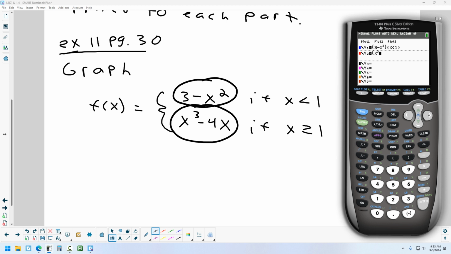So x cubed minus 4x. And we want to graph that when x is greater than or equal to 1. So x, second, math. That's how you get to the greater than or equal to. It's the fourth one.